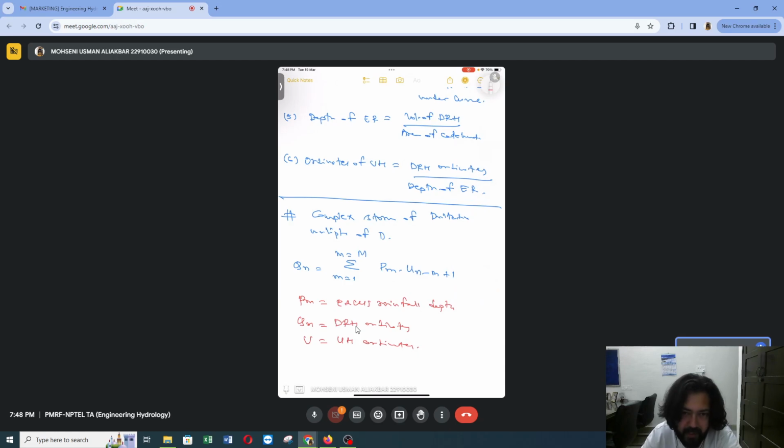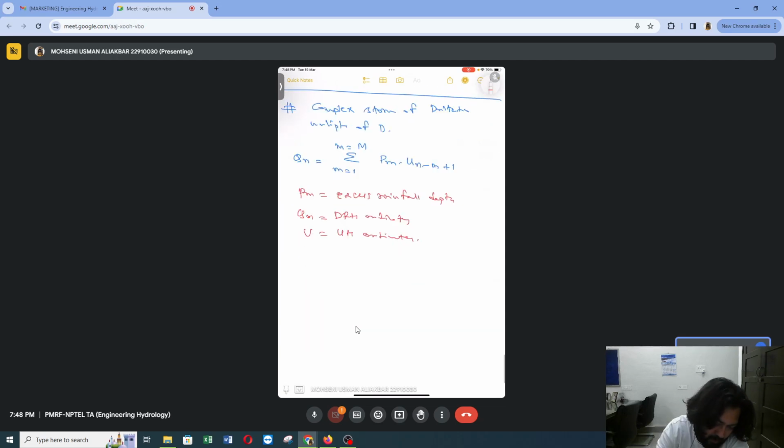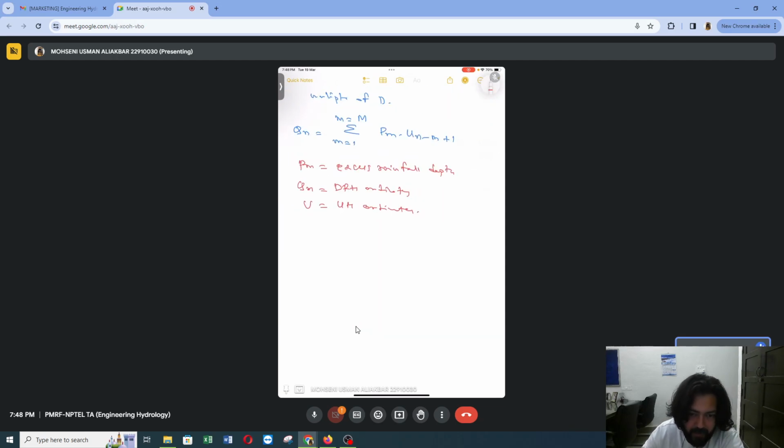Right, so this is the standard equation which is used in order to derive the DRH or the ordinates of the unit hydrograph. Now let us see how we can apply this to a problem.